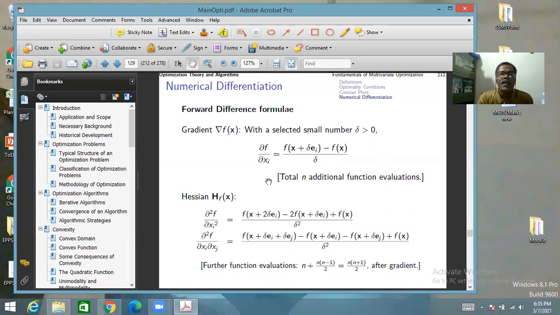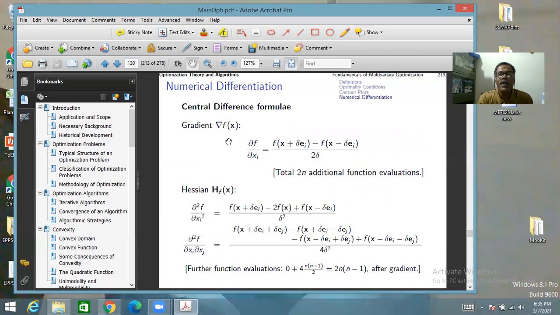Similar expressions you can have for central difference. For central difference, the gradient, the derivative, does not need the function value at the current point. It needs one on this side, one on the other side. That is how it is central. And therefore the division is by 2 delta, because the difference between these two points is 2 delta. But this is how it is costly.